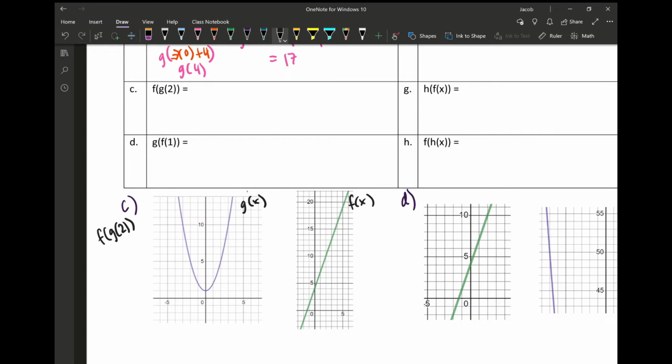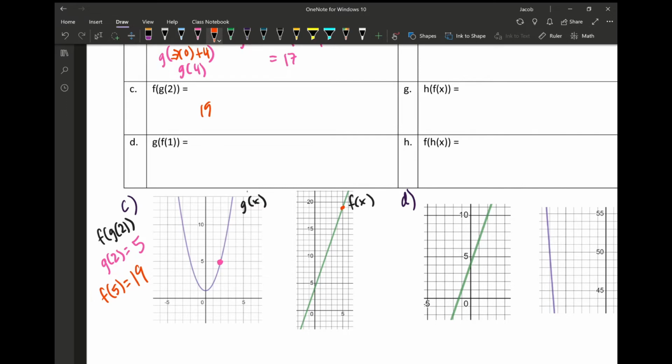And I'm going to take g of 2 and use that as the input for f of x. So g of 2 is 5. And now I want to ask the question, what is f of 5? And I look over here at my graph of f. F of 5 is 19. So here my answer is 19.